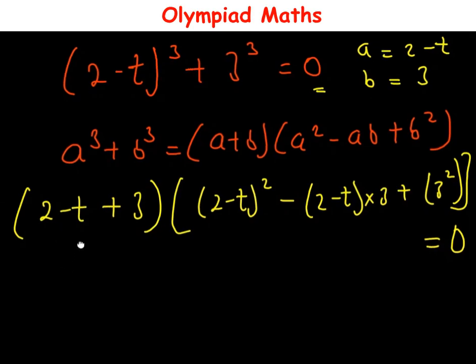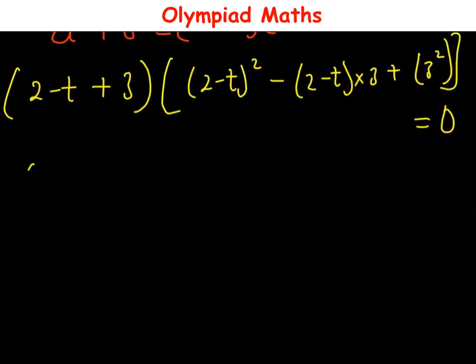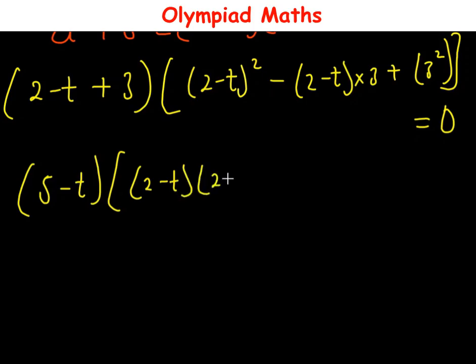So from here, what we have is in bracket 2 plus 3 is 5, then minus t, multiplied by this 2 minus t all squared, which is simply 2 minus t multiplied by 2 minus t. Then with this 3, we open the bracket: minus 3 times 2 is minus 6, minus 3 times minus t is plus 3t, then plus 3 squared is 9, all is equal to 0.